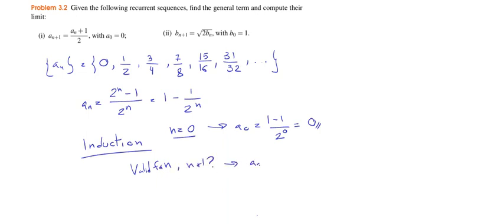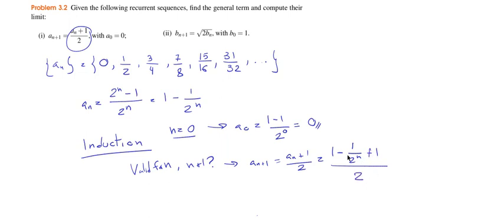Well, a sub n plus 1 is this expression, (a sub n plus 1) over 2, and here for a sub n we're going to substitute our induction hypothesis, so 1 minus 1 over 2 to the n, plus 1, and then divided by 2.